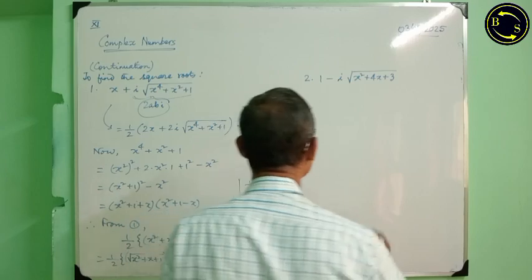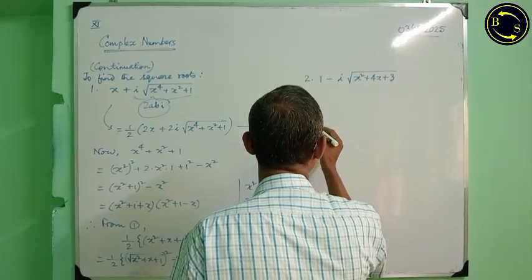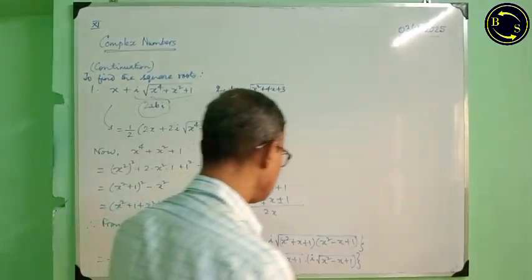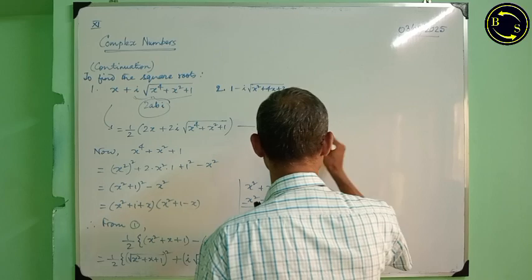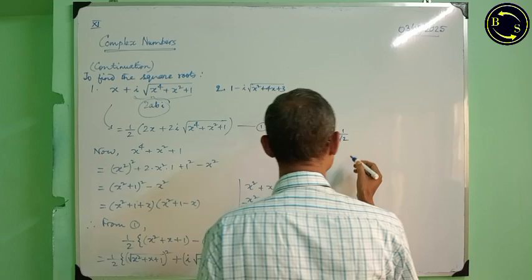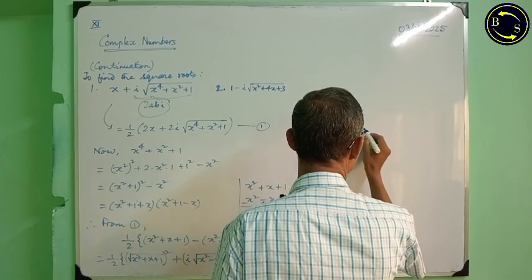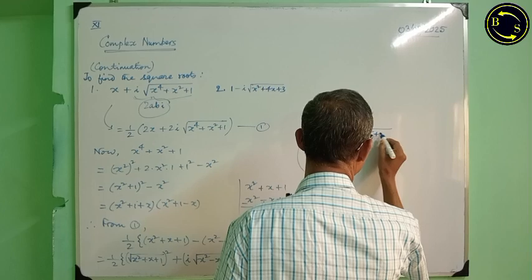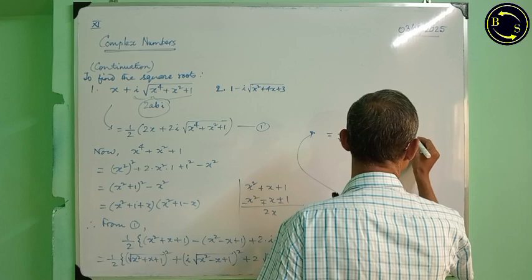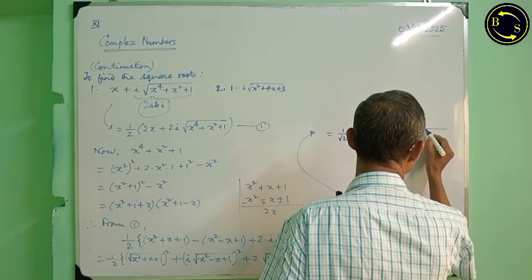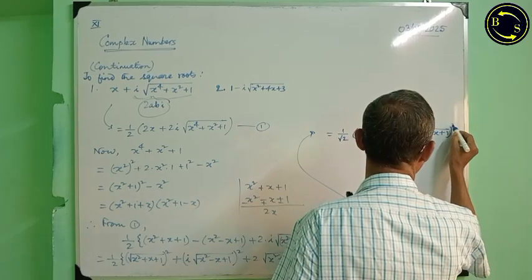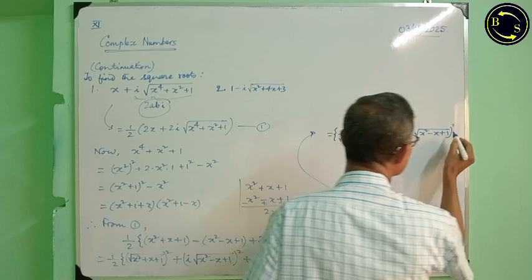Therefore, now this can be written as 1 by root 2, a plus i square root x square minus x plus 1, put second brackets.